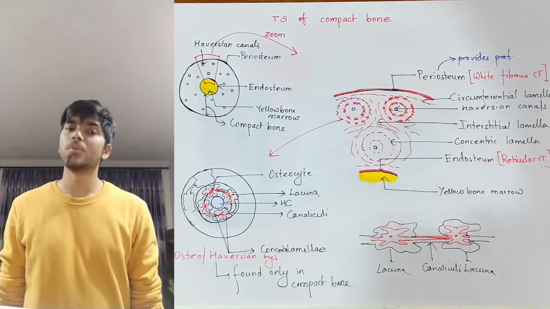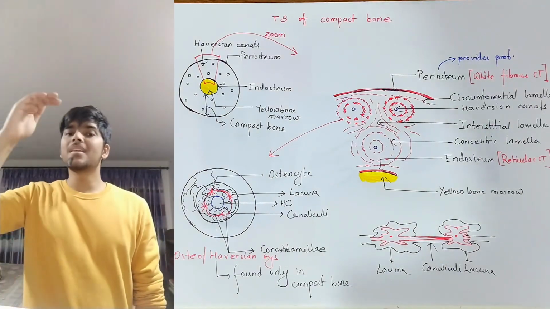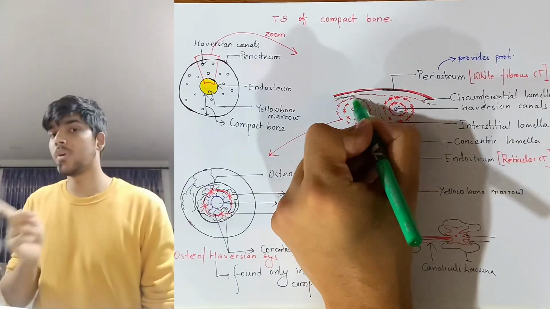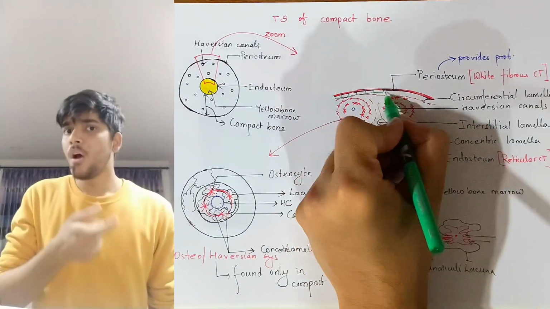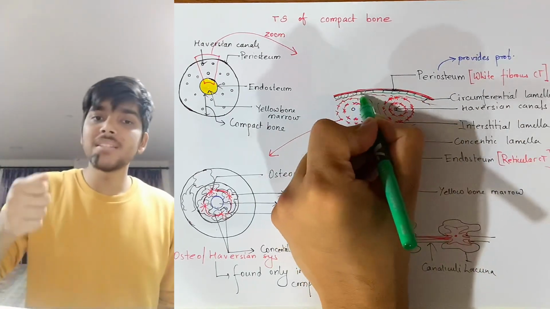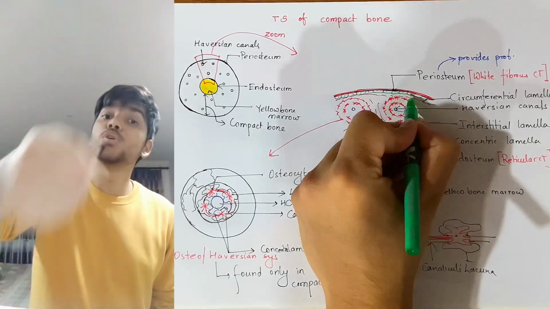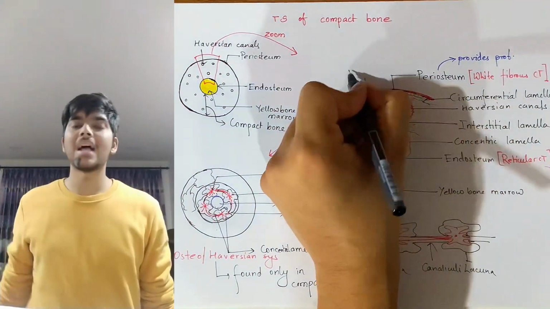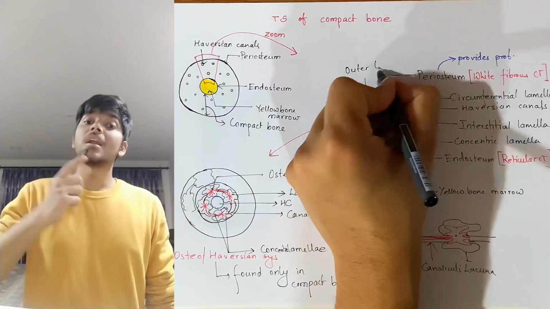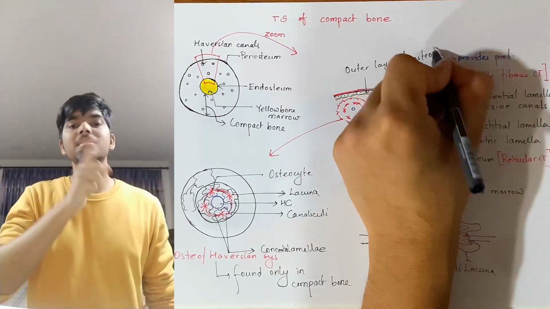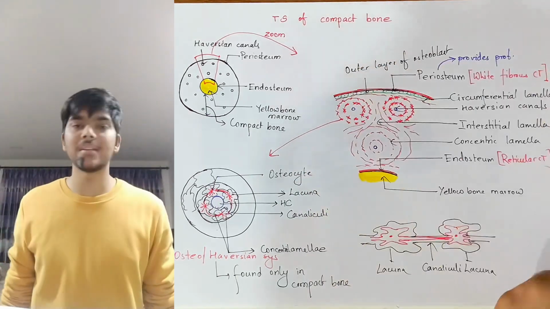Okay, one more thing. Under periosteum, there's a layer of osteoblast. What are osteoblast cells? I've already mentioned bone blast precursor cells. So osteoblast cells are those cells that form osteocytes. So that's your outer layer of osteoblast cells. Surrounding the endosteum, there's also a layer of osteoblast cells, and that's your inner layer of osteoblast cells.